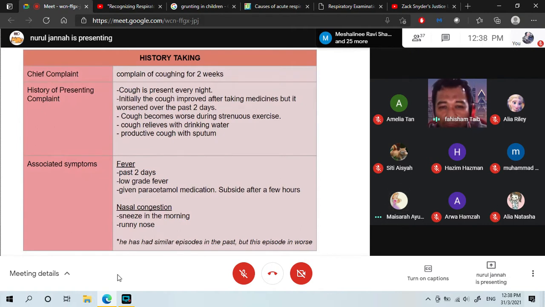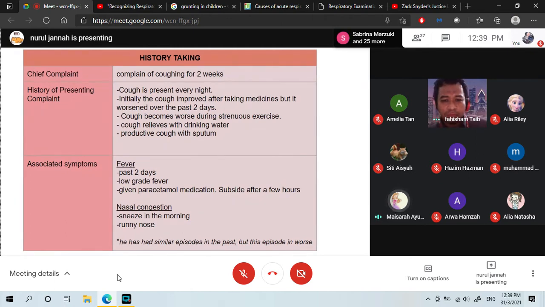Okay, so the title is asthma. So he presented to outpatient with the cough for 2 weeks. If this is asthma, what are the other histories of asthma here? Asthma history apart from cough.